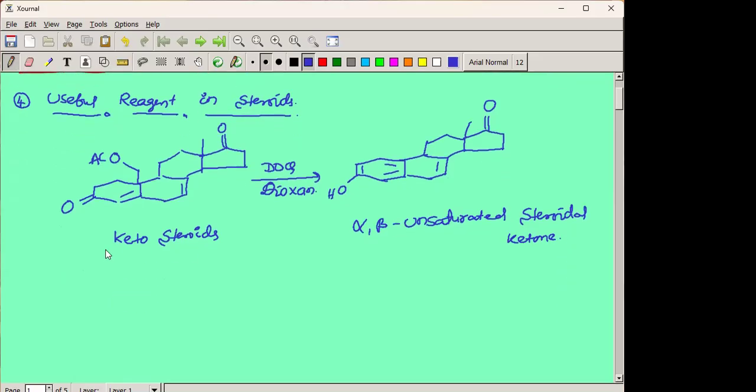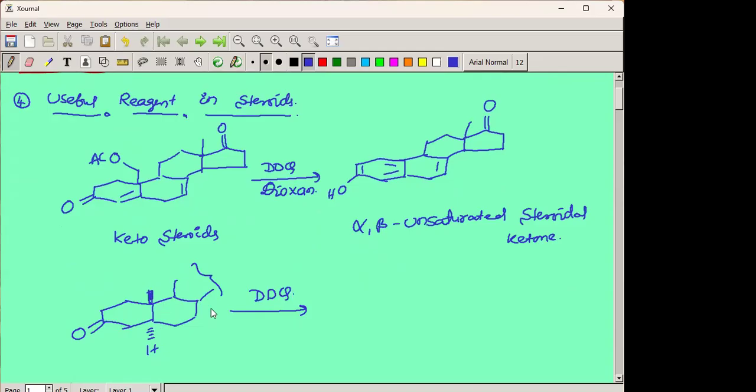So see here, this is a general reaction. So the role of this group, for example, if the steroidal group is like this, this is the rest of a steroidal group treated with DDQ. What do we get?